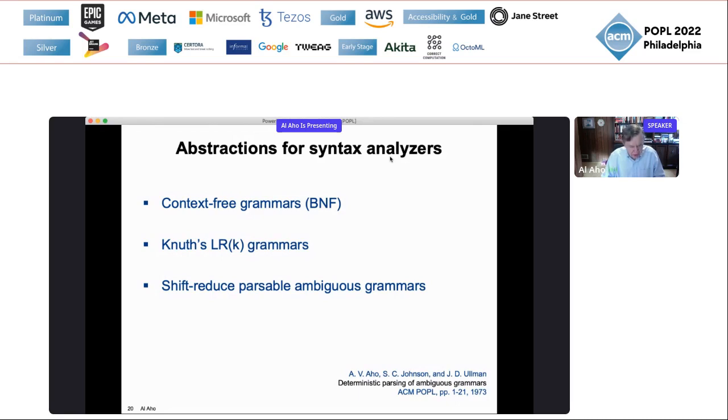Various forms of context-free grammars are used today to specify the syntactic structure of programming languages. In 1973, I presented a paper with Steve Johnson and Jeff Ullman at the first POPL conference, in which we introduced a formalism inspired by Knuth's LR(k) grammars.